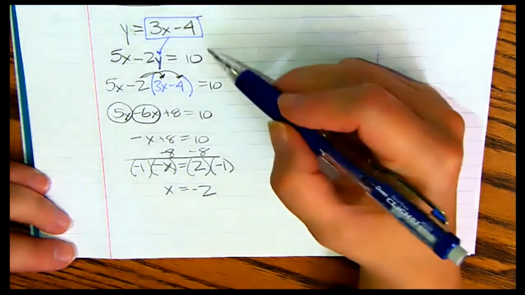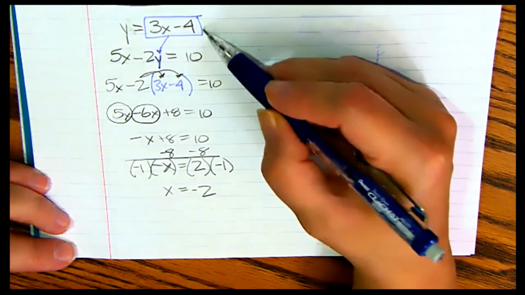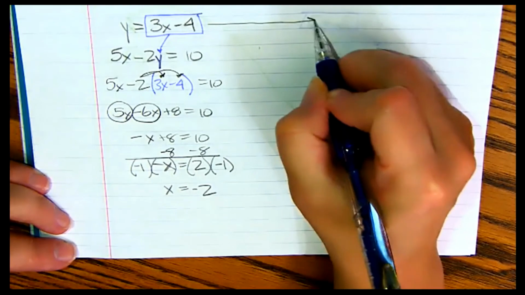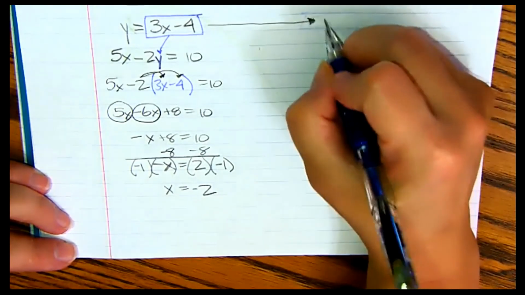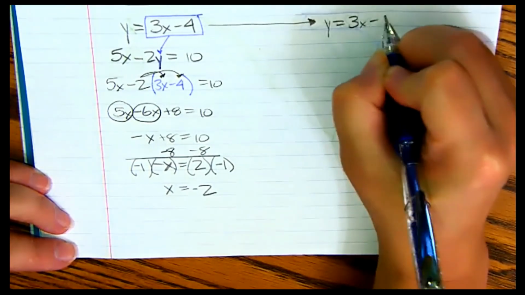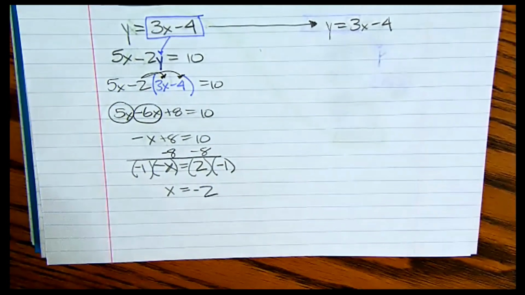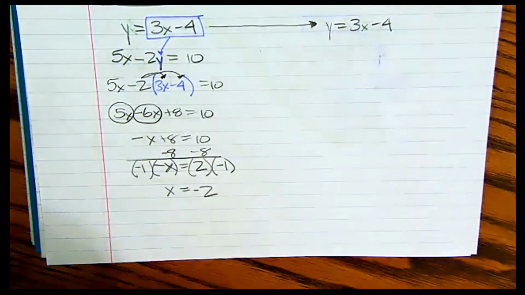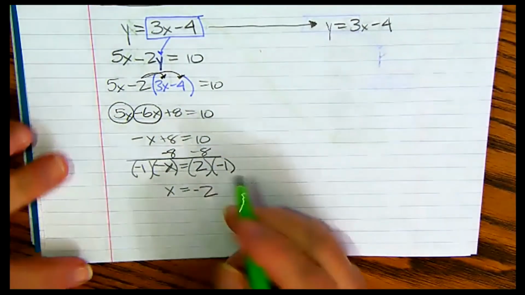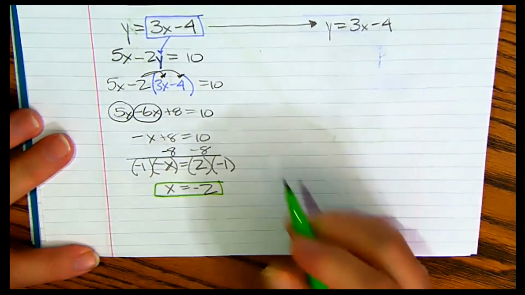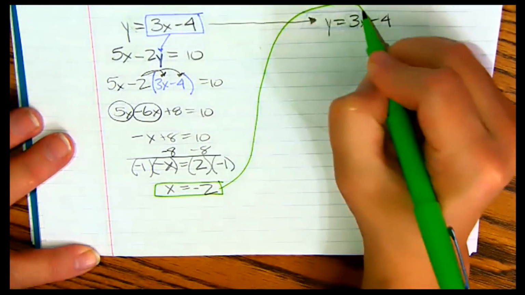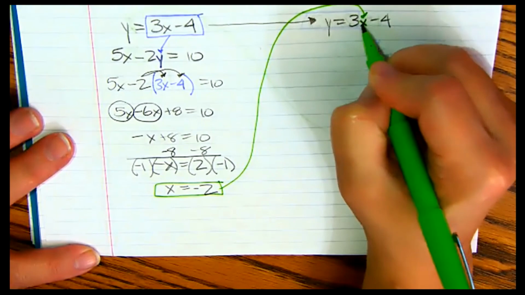Okay, now I can pick either equation. I'm going to pick the one that looks the easiest to work with. Y equals 3x minus 4. And now I am going to substitute negative 2 for x.